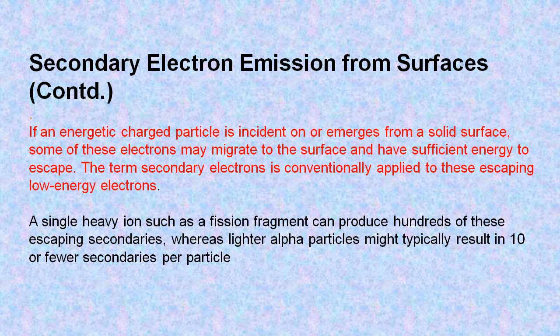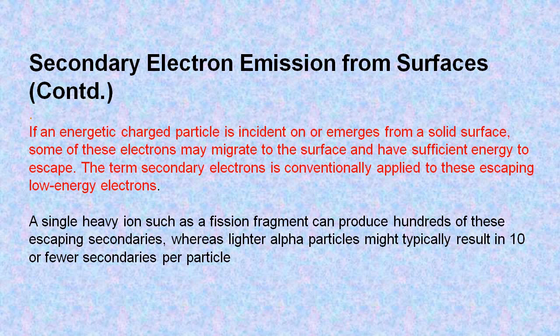If an energetic charged particle is incident on or emerges from a solid surface, some of these electrons may migrate to the surface and have sufficient energy to escape. The term secondary electrons is conveniently applied to these escaping low energy electrons. So our delta rays are somewhat secondary electrons.